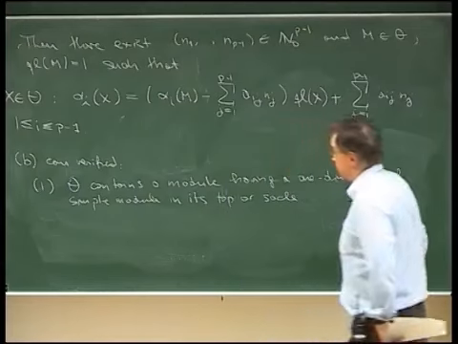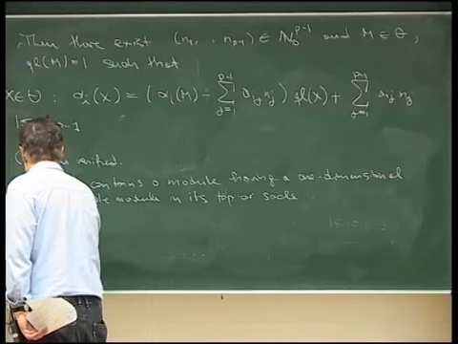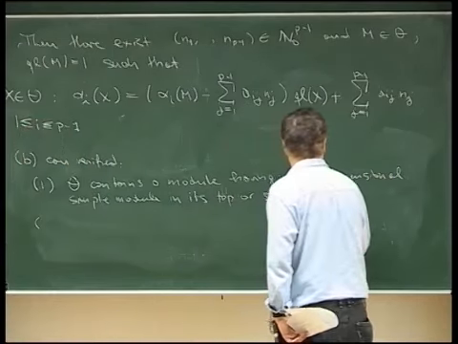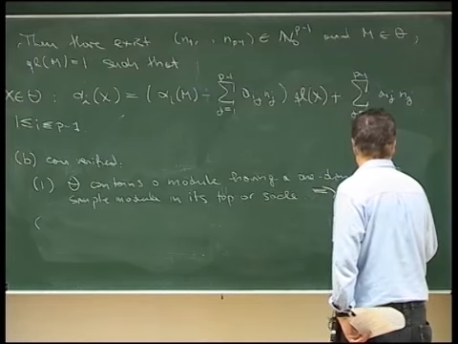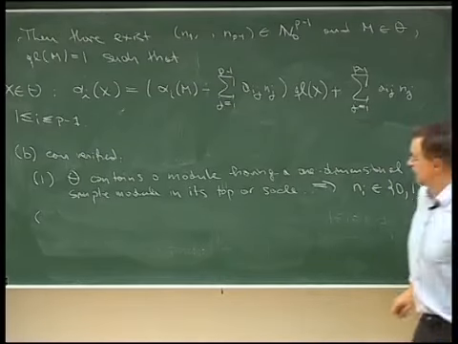For some module, of course, this will always happen. In this case, we have that the ni are actually either 0 or 1.